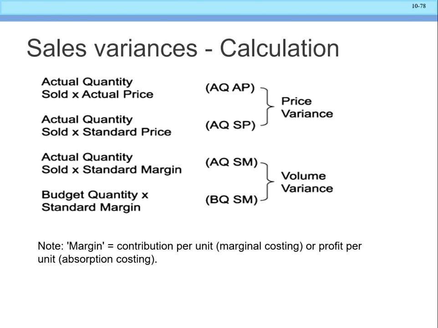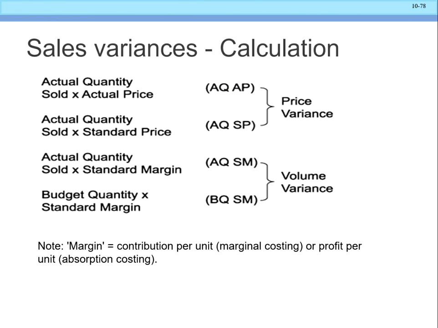Now, the next one is the volume variance, and with this variance you need to understand that we are going to use the standard margin, not the standard price this time. We will use the standard margin.